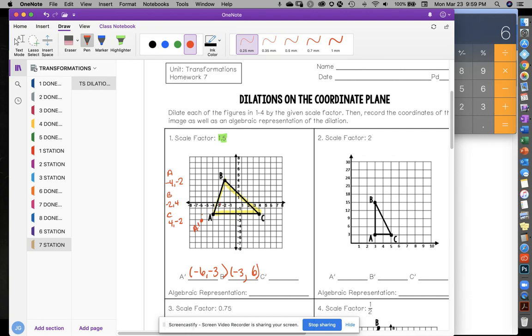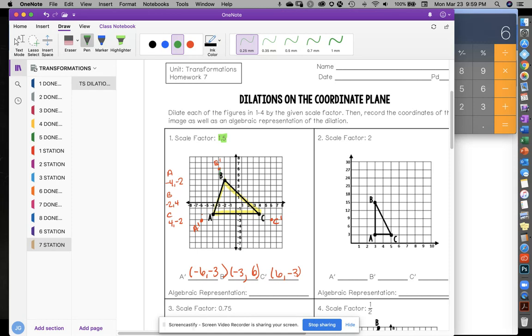So -3, +6, right about there. And there's your B prime. Now for my C, I know that 4 times 1.5 so far has been 6, and -2 will be -3. So I'm going to go over to +6 and down to 3. And that's your C prime.